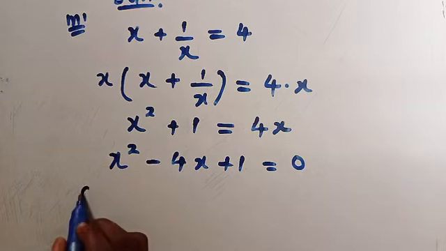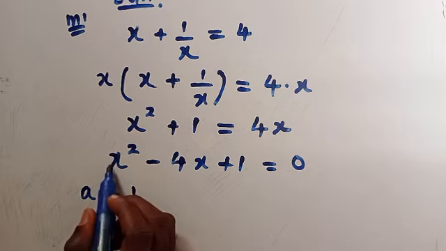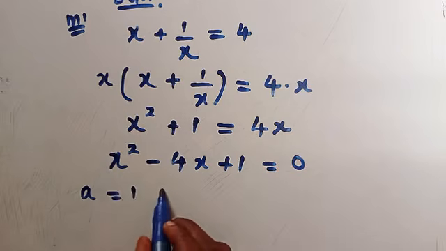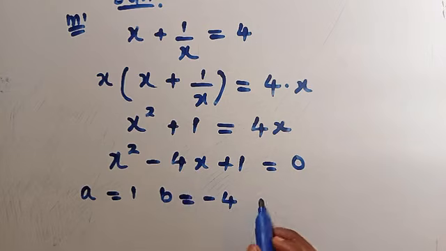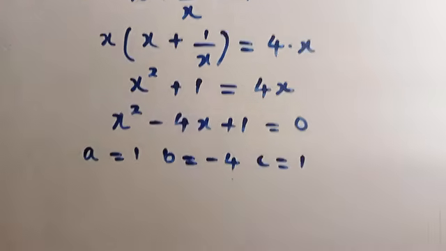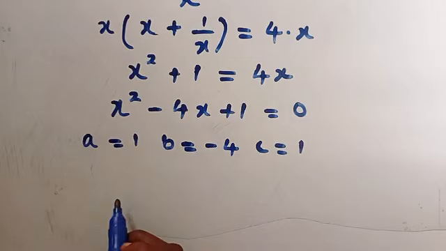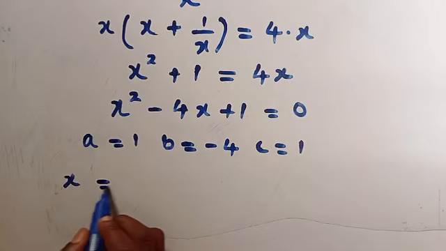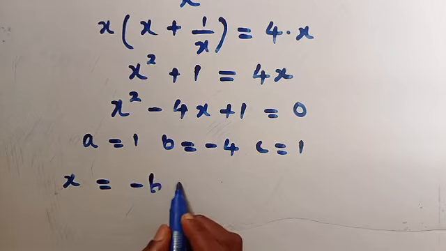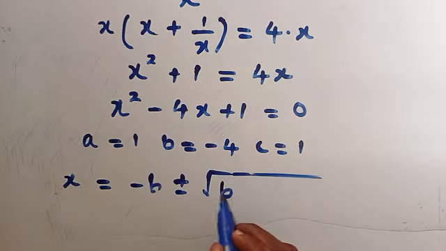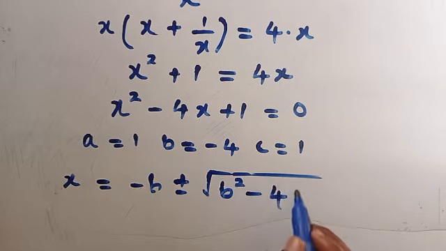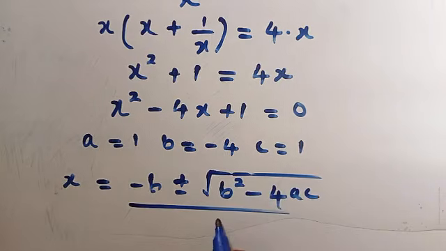Let's look at the patterns. The a here equals 1, which is the coefficient of x squared. b equals minus 4, the coefficient of x, and c equals 1. By applying the general quadratic formula, we have x equals minus b plus or minus the square root of b squared minus 4ac, divided by 2a.